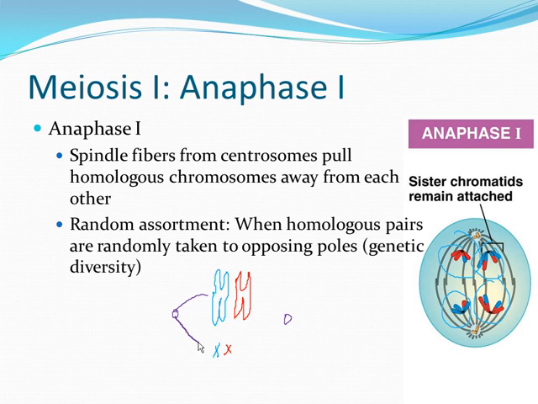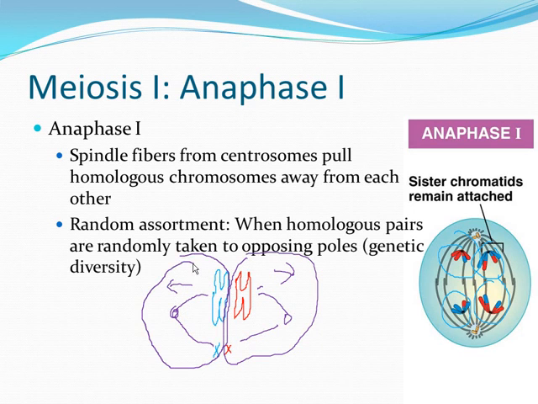Like these centrioles, this centriole here can pull this chromosome and this chromosome towards this side, and this centriole here will pull towards this side. So in the end, you have one cell that will have this chromosome pair, and the other cell having this chromosome pair. So far, so good, right?